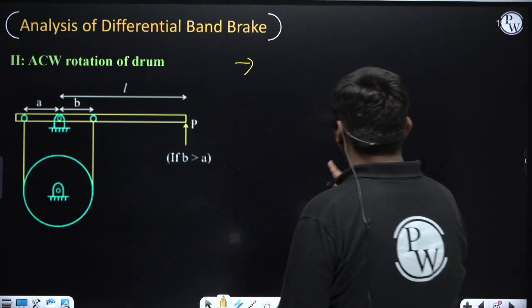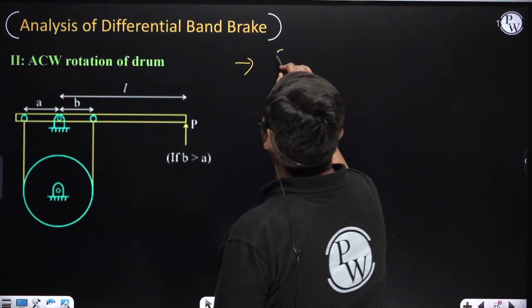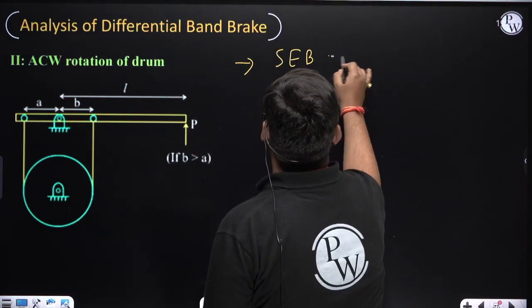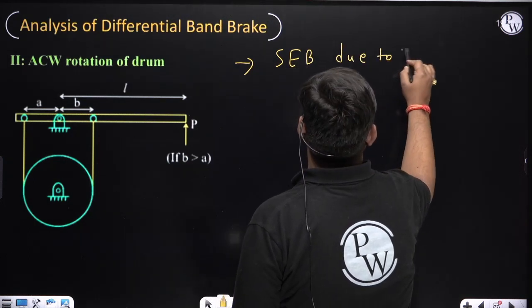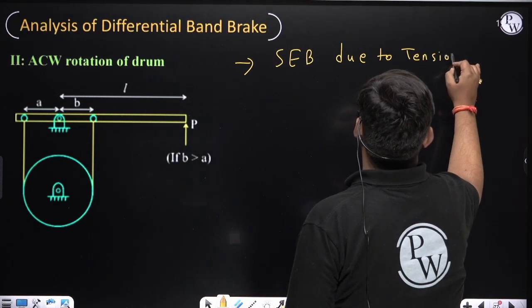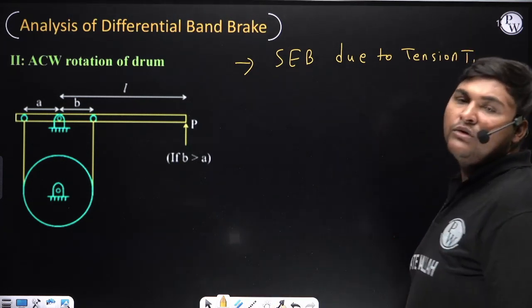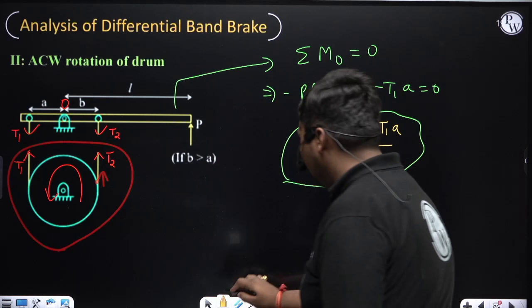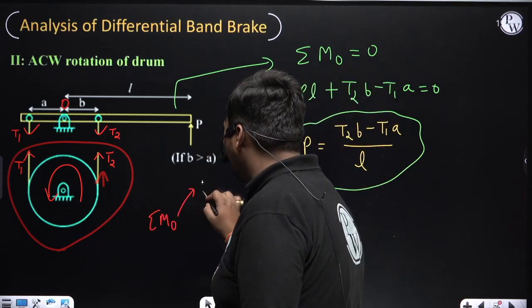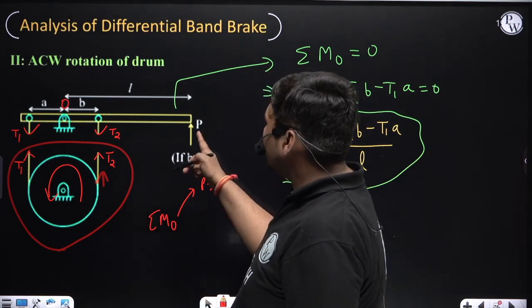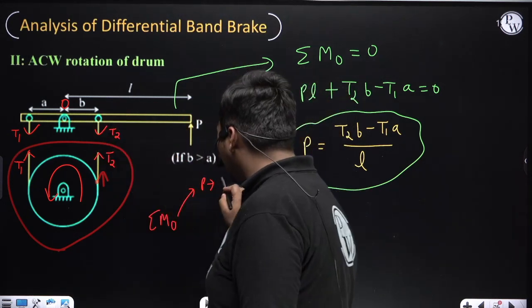But from this relation also you can conclude this brake is self-energizing due to tension T1. And you can conclude this one more way. For that, see the direction of moment about fulcrum O for effort P. Only see the direction. The direction of moment of effort P about O is anti-clockwise.